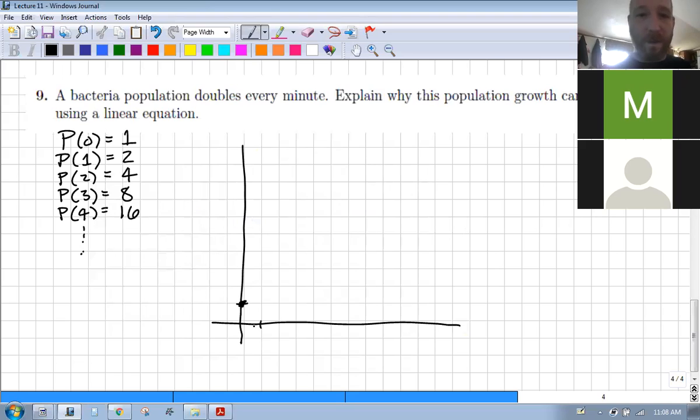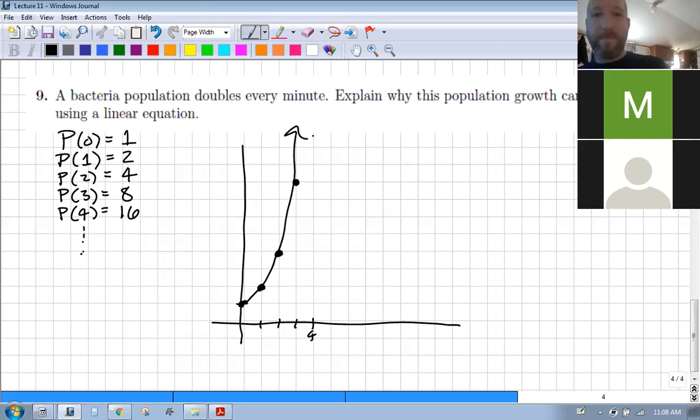At time 1, we're at 2. At 2, we go up to 4. At 3, we go up to 8. And then at 4, we're all the way off the charts. So this thing looks like this. It curves straight upwards, right? It's not a straight line. So that's why it can't be linear.